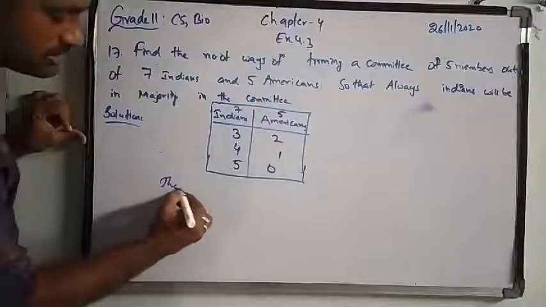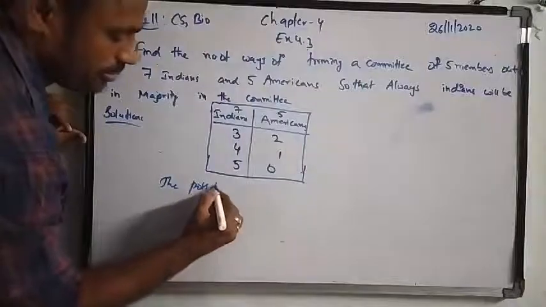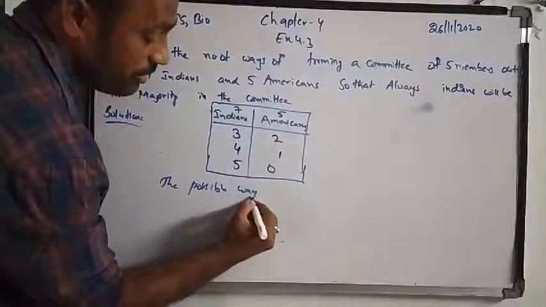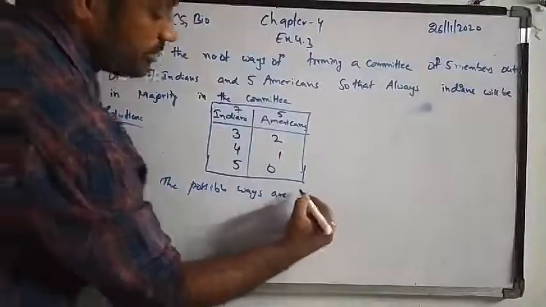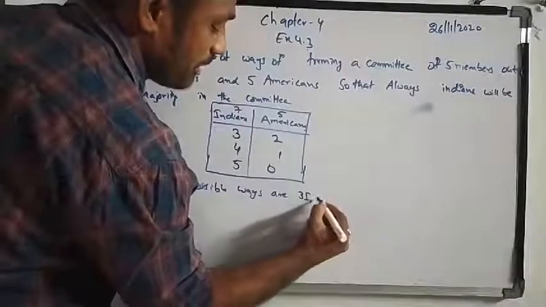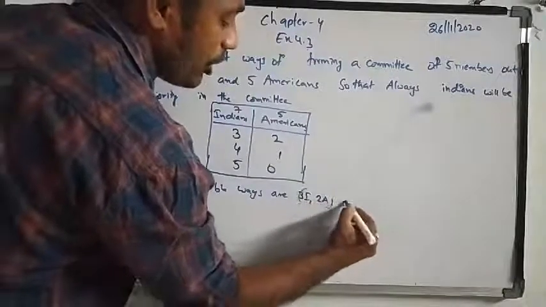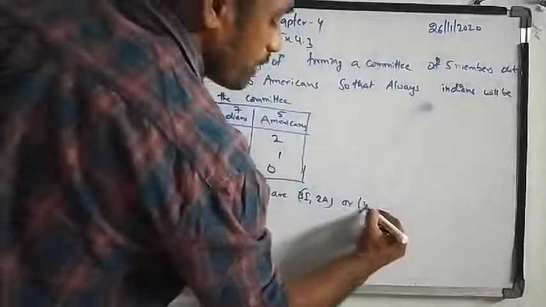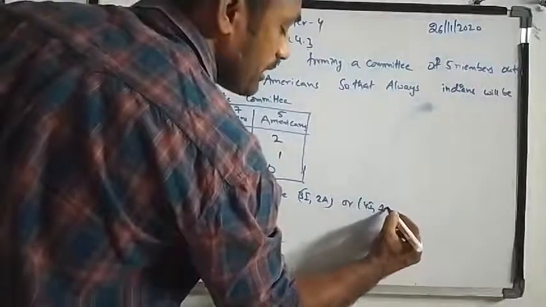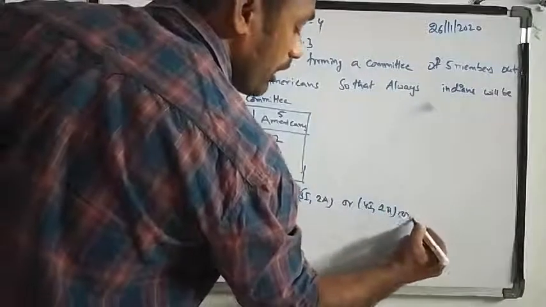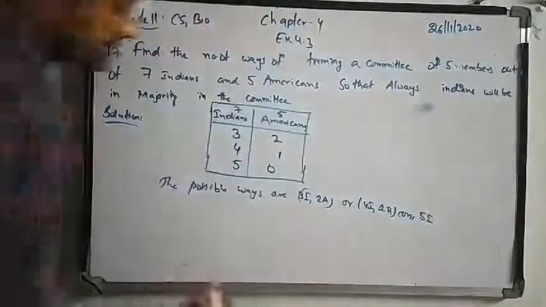So the possible ways are 3 Indians, 2 Americans I can take, or 4 Indians and 1 American I can take, or I can take directly 5 Indians.